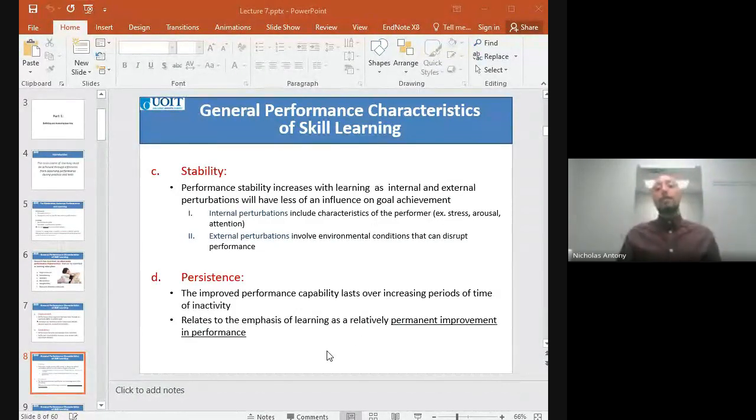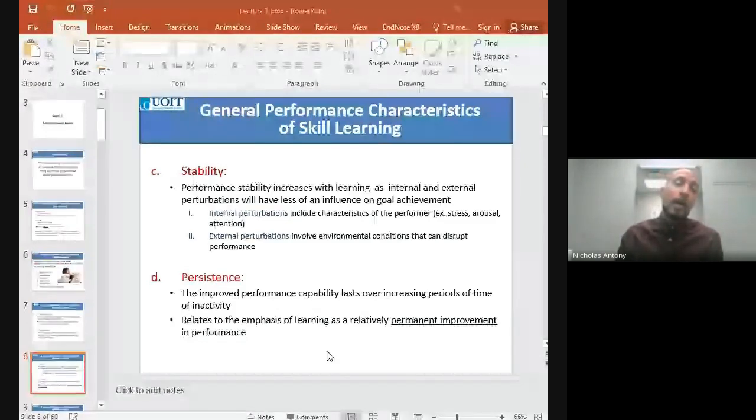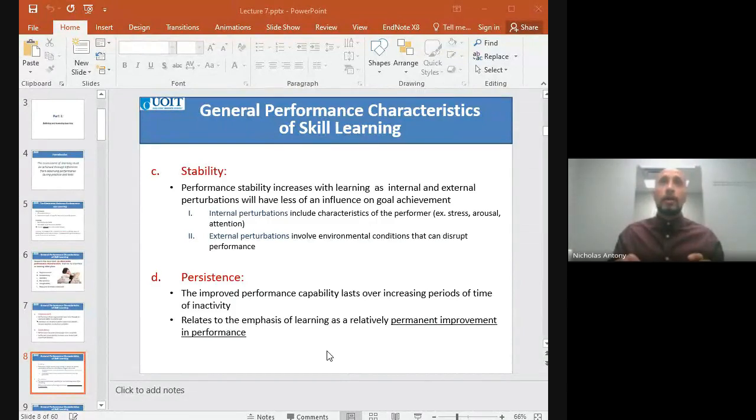Okay. Persistence is the fourth characteristic. Persistence relates to the idea that as we learn something, it's a relatively permanent improvement in performance. As we get better at a motor skill, we have our improved ability for longer amounts of time. When we are first practicing a skill, you'll improve by the end of the practice session. Let's say we're learning karate, and the next practice is a full week later.